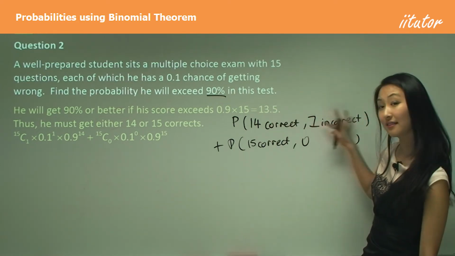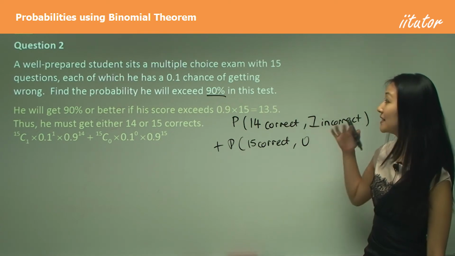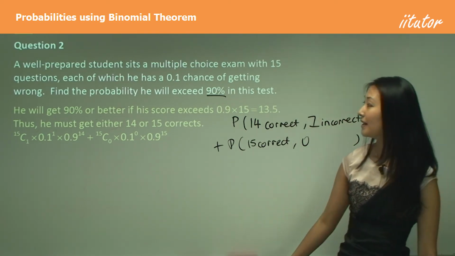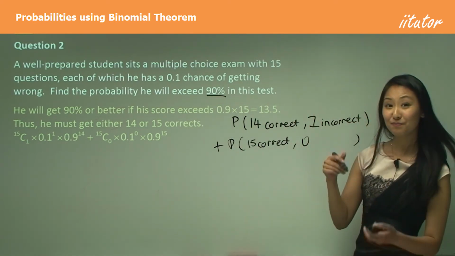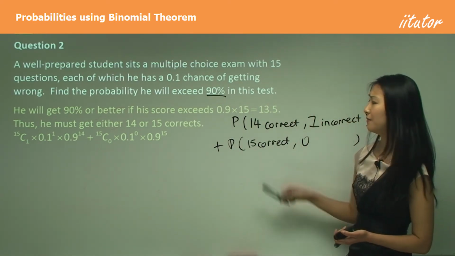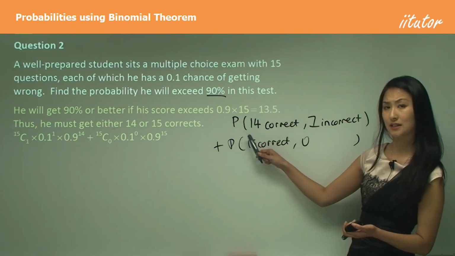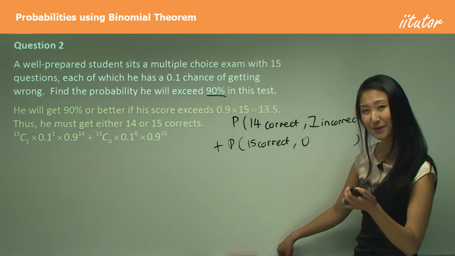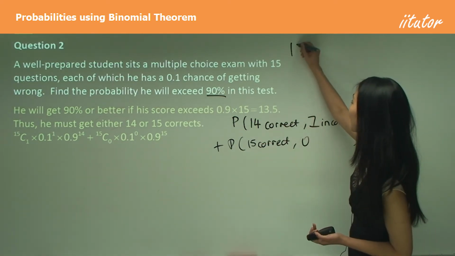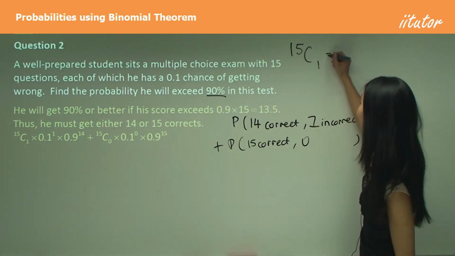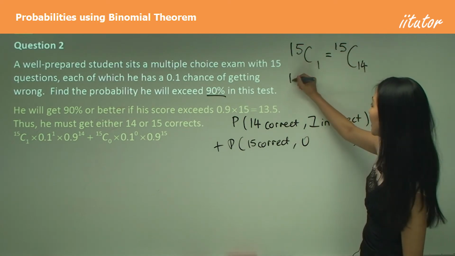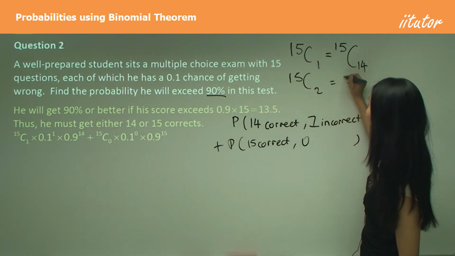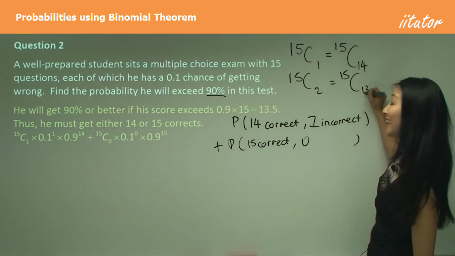So considering this, there's 15 questions altogether, so that's why you have 15C1 there. Now, some people ask, why is it not 15C14, considering it's 14 correct? Well, remember with your combinations, 15C1 is actually exactly the same as 15C14. Just as 15C2 is going to be the same as 15C13.